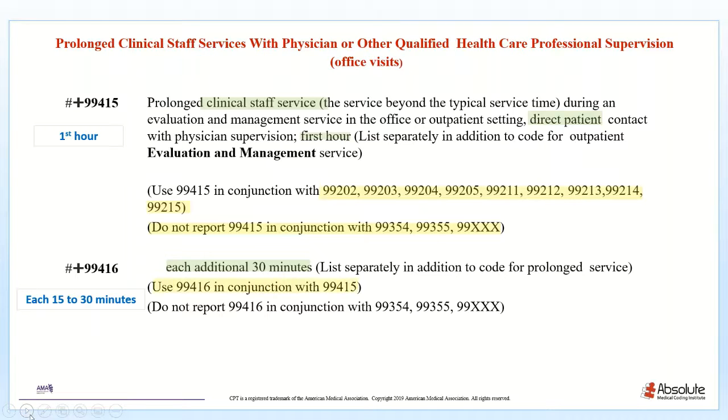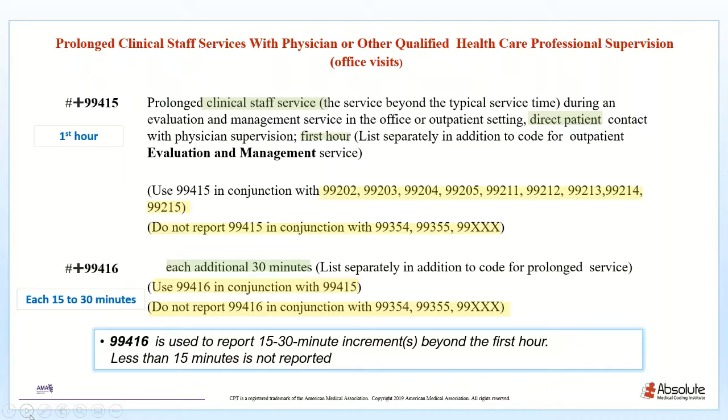And again, pay attention to those parenthetical guidelines under that code. Alrighty. And again, take note that 99416 is used to report 15 to 30 minute increments beyond the first hour. Just as those last set of codes we were looking at, anything that's less than 15 minutes is not reported.